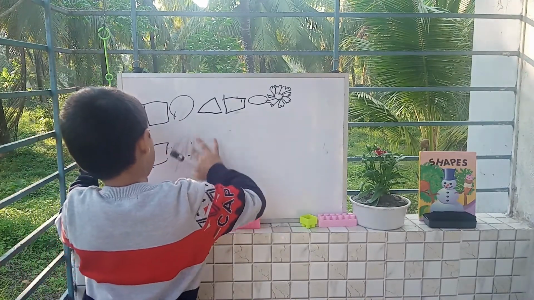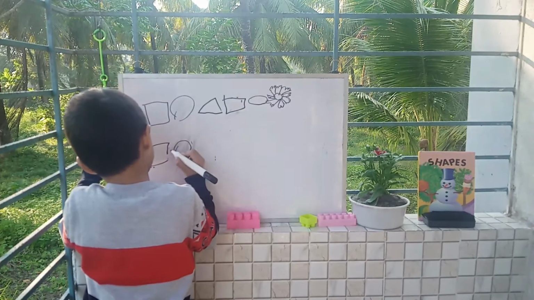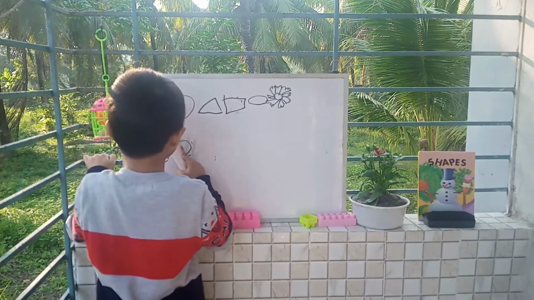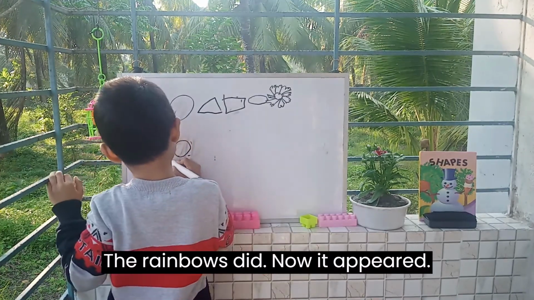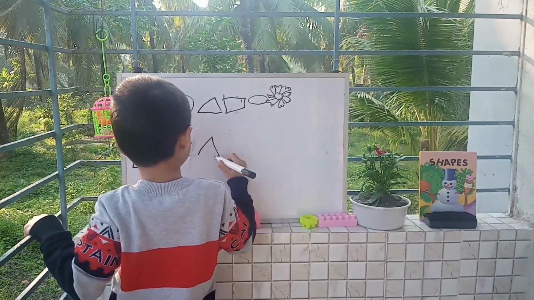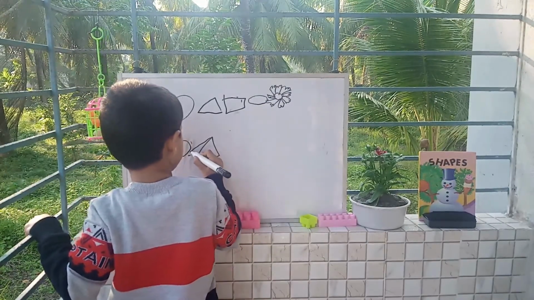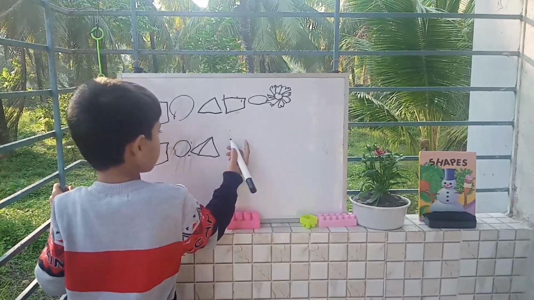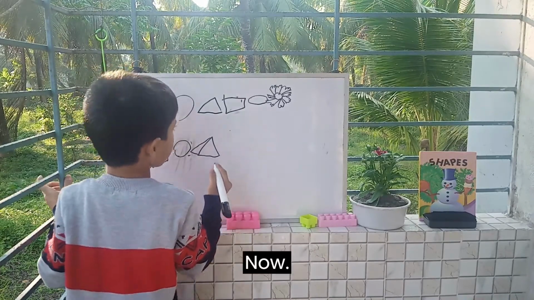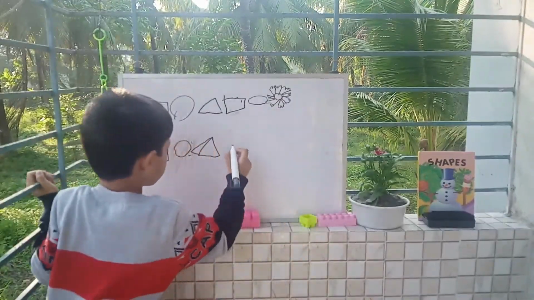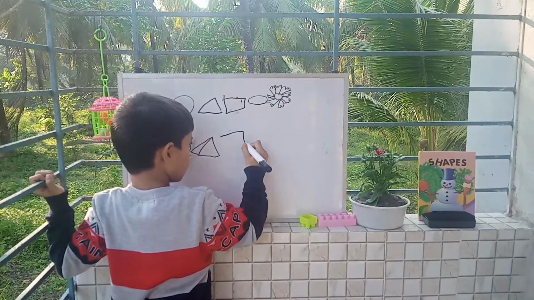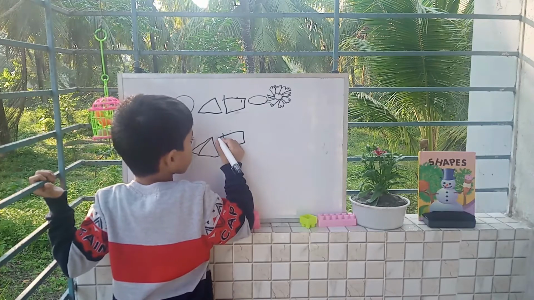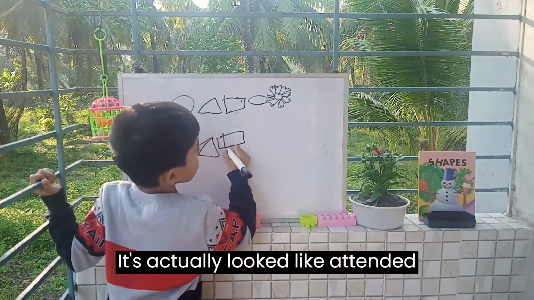And the round ball is there. The round ball is this. Now at the pyramid. The pyramid is done. Now the big cube is actually like rectangle.